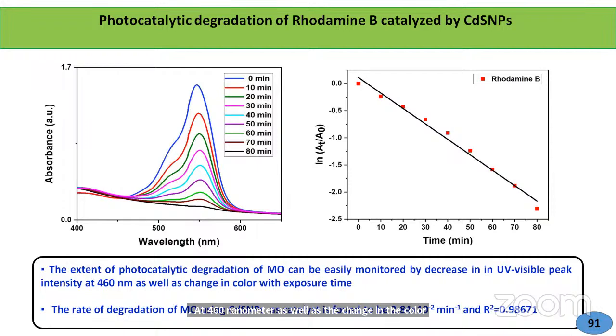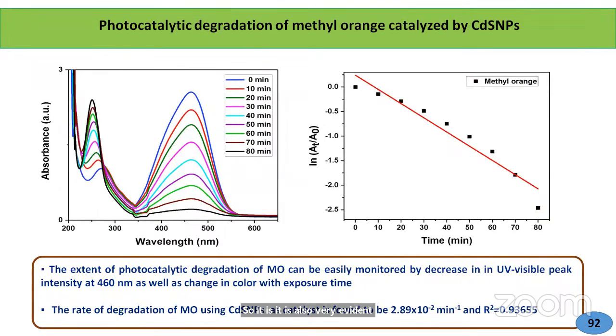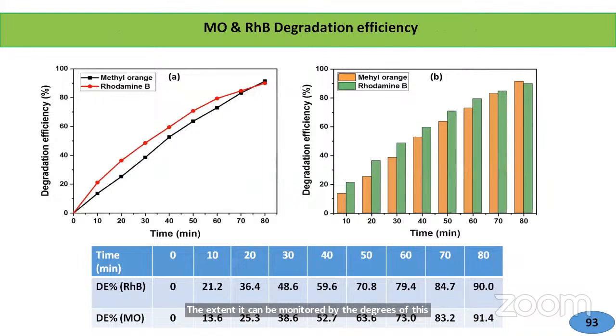It is also very evident, and it shows pseudo first order kinetics. For methyl orange it is also showing, but with a different pattern. The extent can be monitored by the decrease of this 460 peak, and it gives us good information.